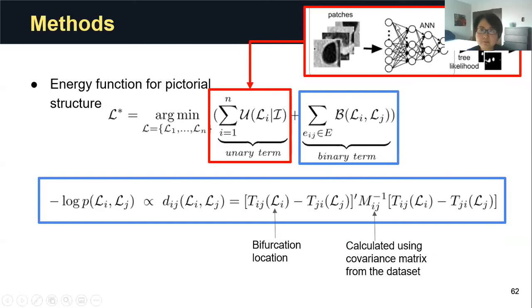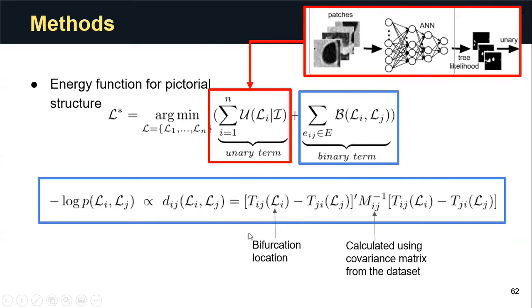Mathematically speaking, this is the formulation of the pictorial structure. The unary term, as I mentioned, is from the 3D patches and the network, and the binary term is encoded like this.